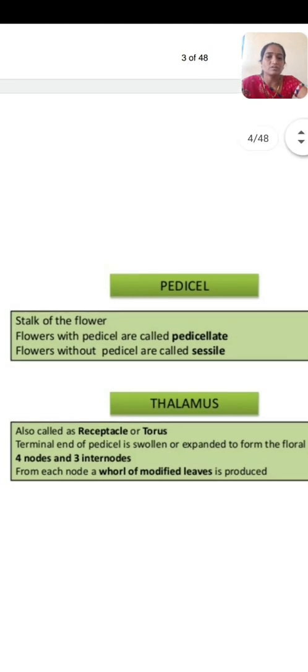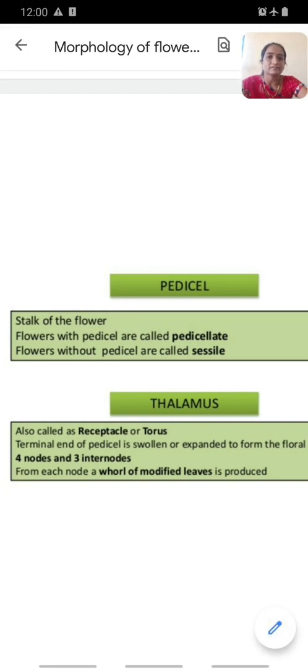In the case of rose, there is a well-defined pedicel and hence they are known as pedicellate flowers. Flowers without a pedicel are called sessile. In the case of the tuberose plant, a stalk or pedicel is absent, hence it is called a sessile flower.